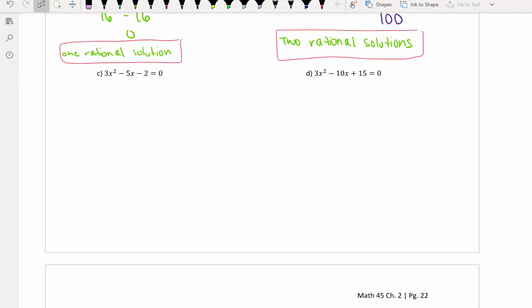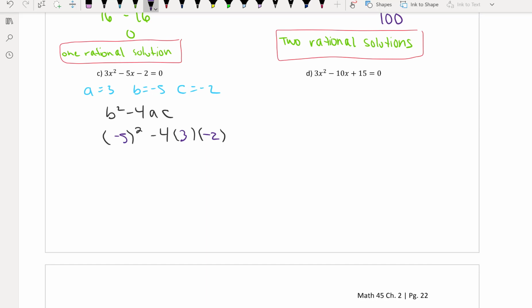So now let's look at part C. Again, I'm just going to be identifying my A, B, and C values. My A is 3, B is negative 5, and C is equal to negative 2. So I have my B squared minus 4A times C. When I plug in my values, I'm going to get my B, which is negative 5, my A, which is 3, and my C, which is negative 2.